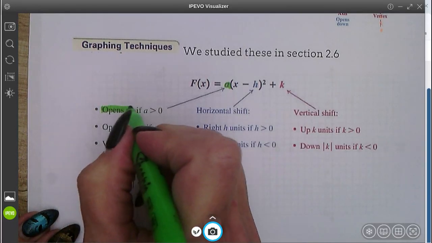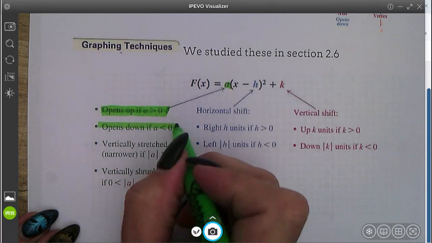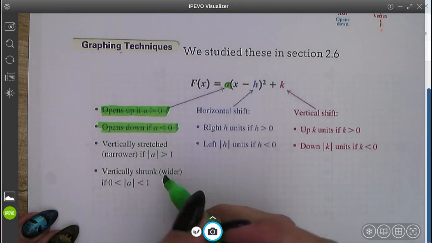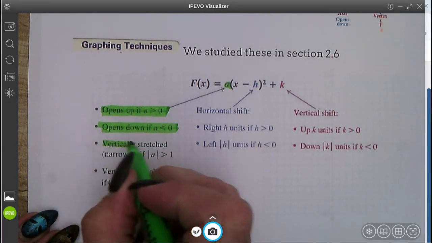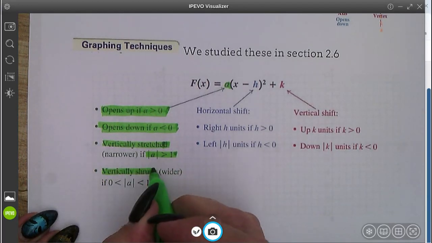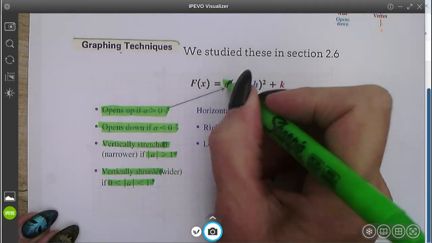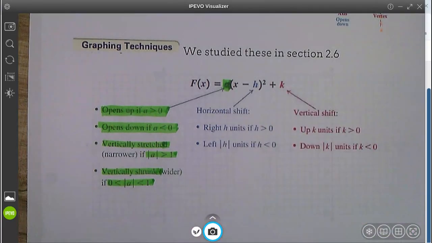So it is going to open up if that number is greater than 0. It's going to open down if that number is less than 0. We have a vertical stretch if that number is bigger than 1, and a vertical compression if that number is between 0 and 1. So that would be the number that is out front.